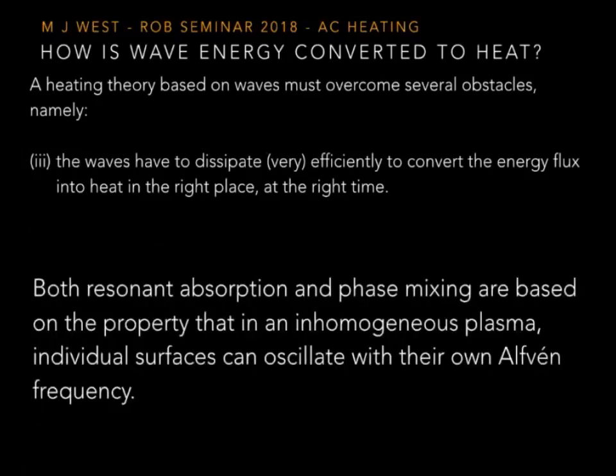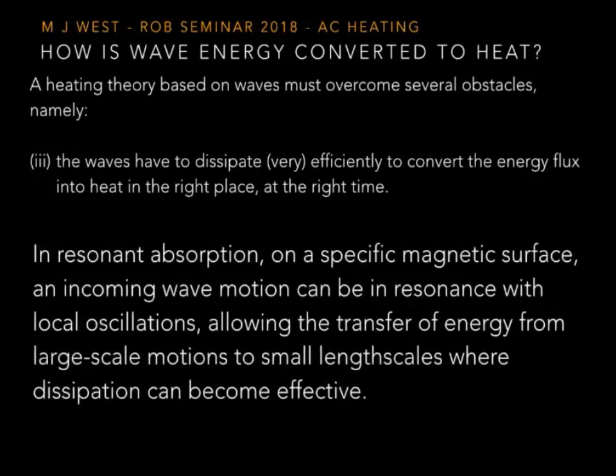Both resonant absorption and phase mixing are based upon the property that in an inhomogeneous plasma, individual magnetic surfaces can oscillate with their own Alfven frequency. An incoming wave motion can be in resonance with local oscillations on a specific magnetic surface, which allows the transfer of energy from large-scale motions to smaller length scales where dissipation can become more effective.